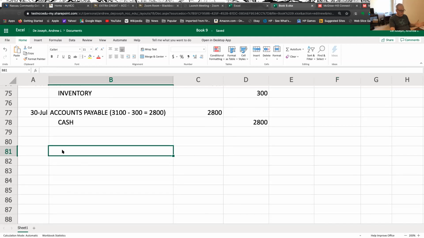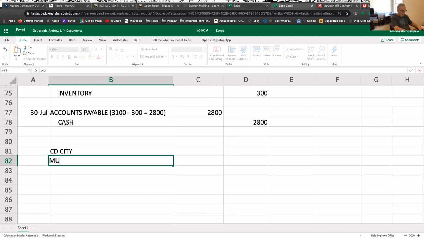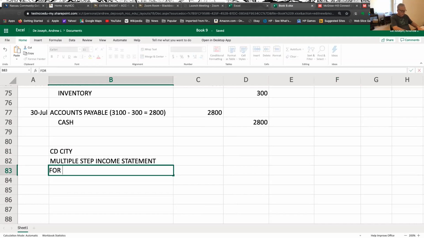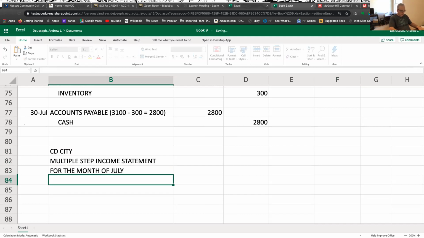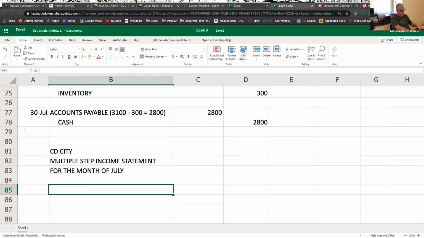So if I was going to do the income statement, I would say the name of the company, CD City, multiple step income statement for the month of July, right?